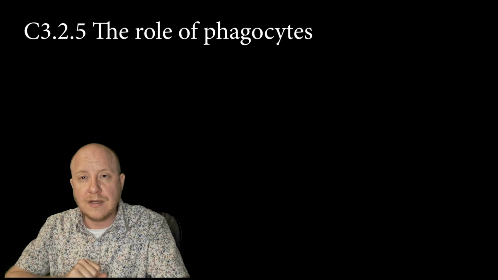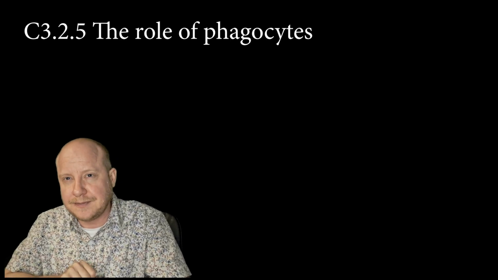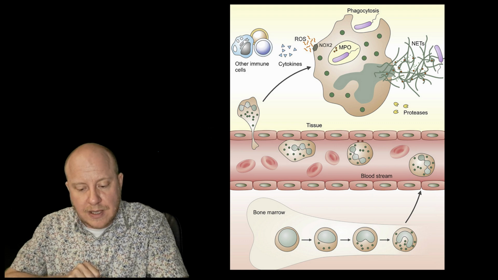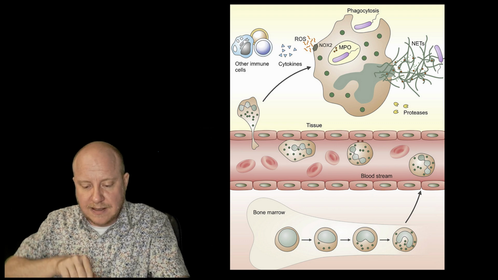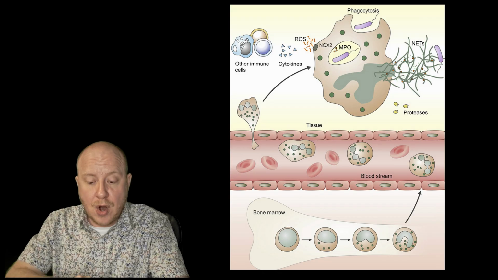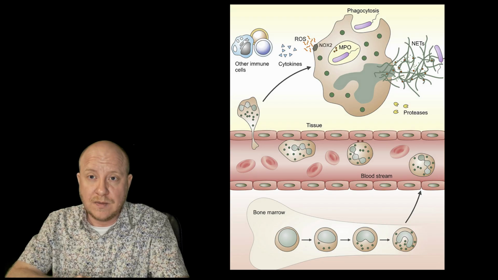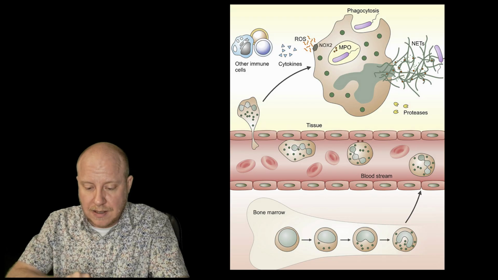C3.2.5, the role of phagocytes. Infection control by phagocytes include amoeboid movement. This is spelled amoeboid, but I'm pretty sure it's pronounced amoeboid, because amoeba is a word we know, so in this case the OE is an E sound.